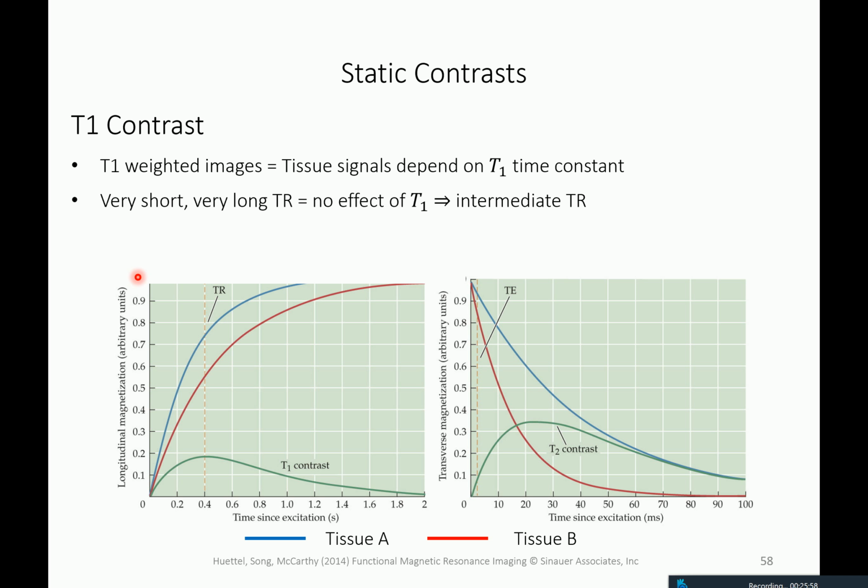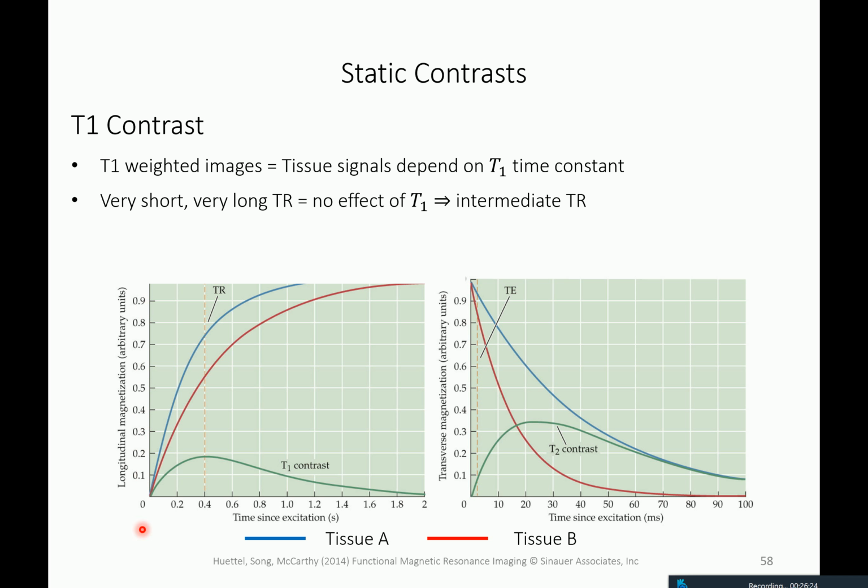Here, if you make the additional assumption that they both actually come to the same end in the end, which you can of course also normalize if you measure the proton density contrast, then the maximum difference is happening at a time that is not that long after your excitation pulse.